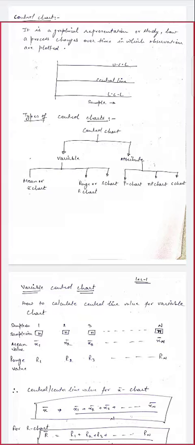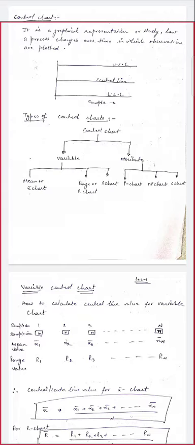So first we will discuss variable charts, and after that we will discuss attribute charts. This unit is related to our variable chart. Variable charts are of three types: first is the mean or x bar chart, second is the range or R chart, third is the S chart. And our attribute charts are also of three types: P chart, NP chart, and C chart.